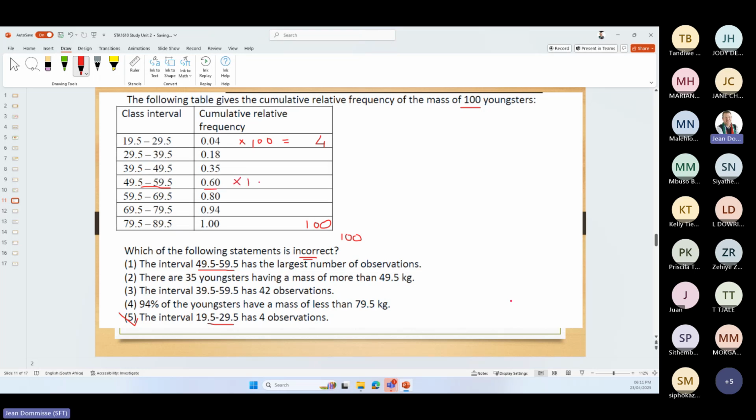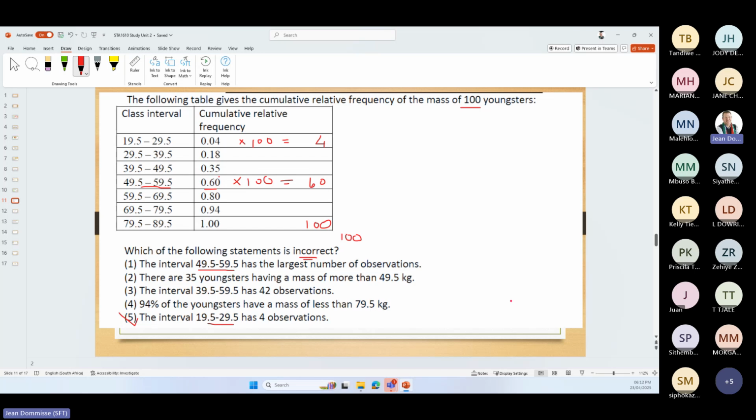So let's multiply that. So cumulative, there are 60 students. And so let's just take the interval 49.5 to 59.5 as the largest number of observations. Okay, that might not be right.